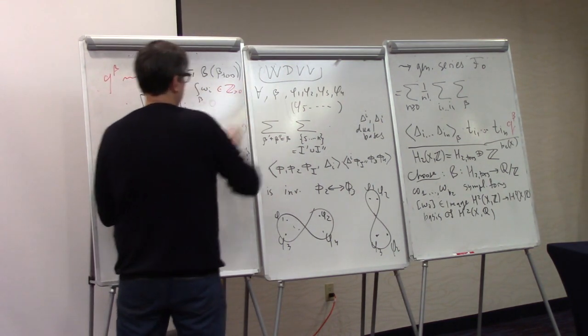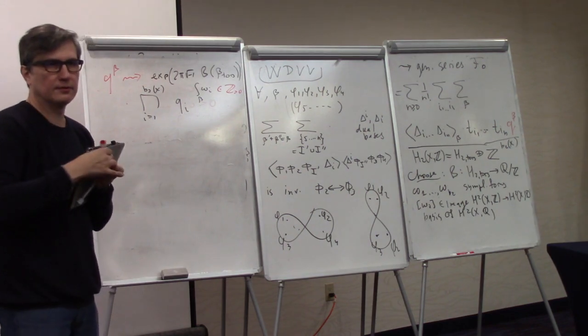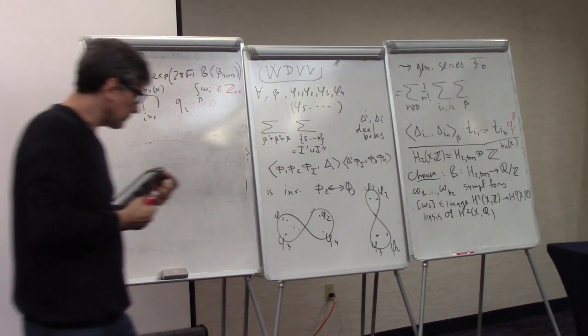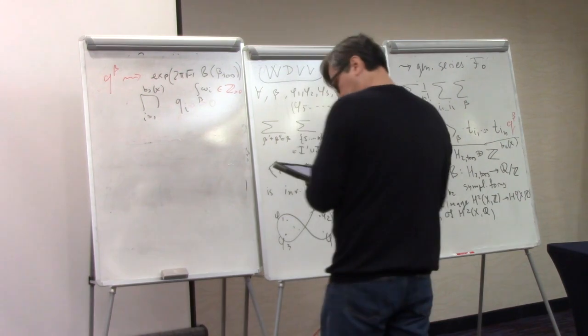In fact, it will be positive integers plus 2Z, not constant. Okay, so I get a series.